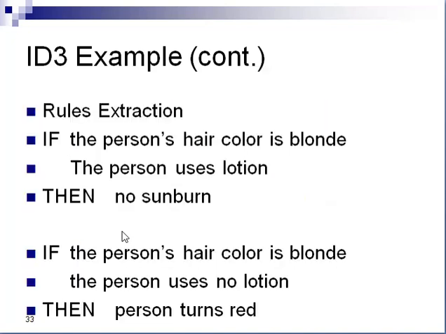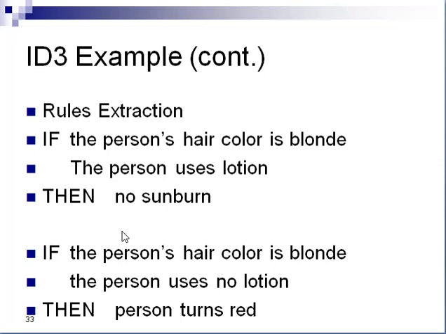If we talk about the rule extraction process, then we can create rules on the basis of the tree which we just formed. We can say that if the person's hair color is blonde and the person uses lotion, then there is no sunburn.